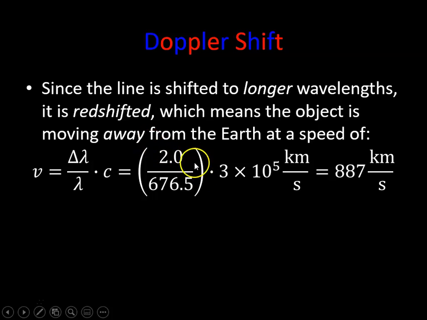I already canceled the units of nanometers, just so that we don't have to see them, but they should be there, and they cancel, because 2 nanometers in the top and 676.5 nanometers in the bottom cancel. The speed of light in meters per second is 3 times 10 to the 8, but in kilometers per second, it's 3 times 10 to the 5th, and we were asked to express our answer in kilometers per second. So we get a speed of 887 kilometers per second.